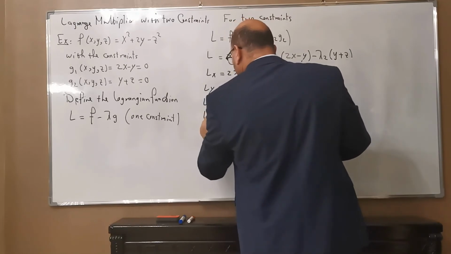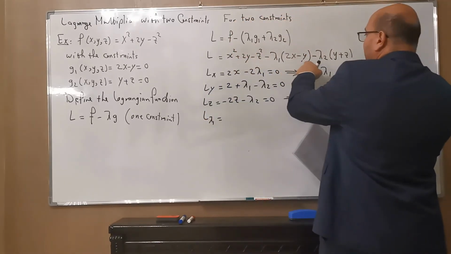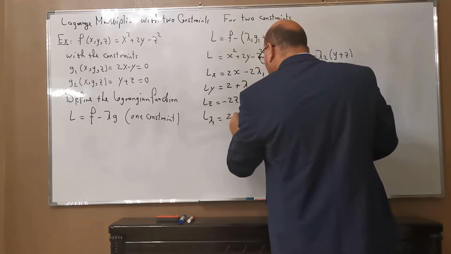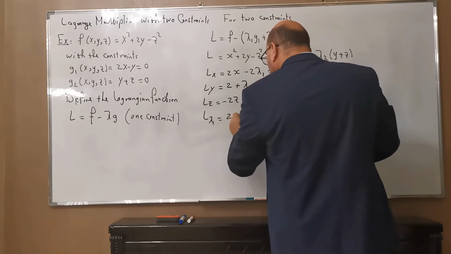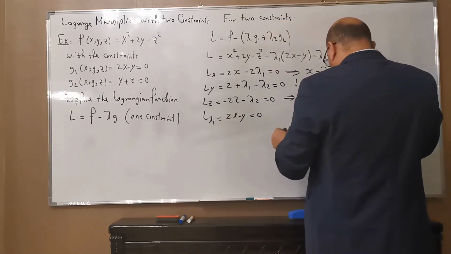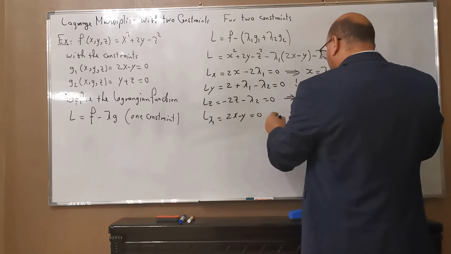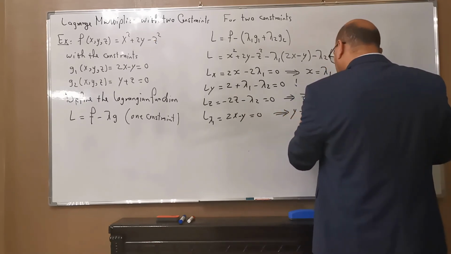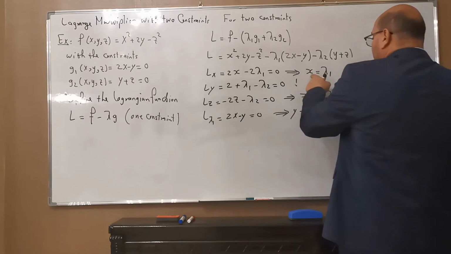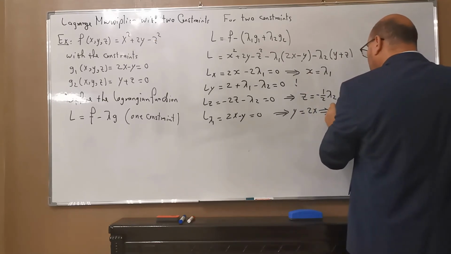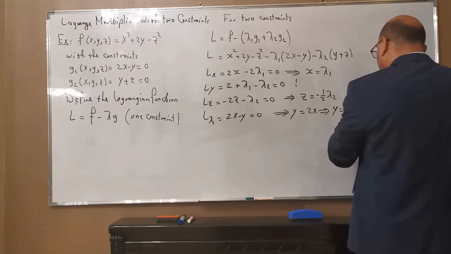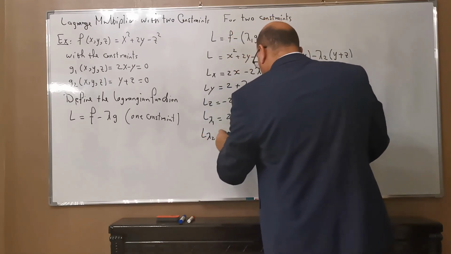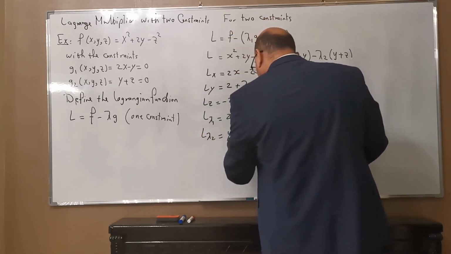L with respect to lambda 1 is equal to the same constraint, 2x minus y equals 0. So we can figure out that y is equal to 2x, and if x equals lambda 1, then y equals 2 lambda 1. And L lambda 2 is y plus z equals 0.